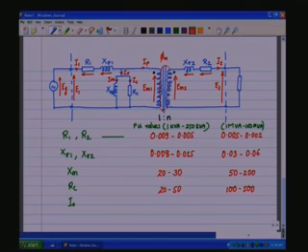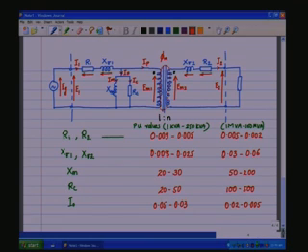The no load current I naught that is drawn from the primary source is varying from 0.05 to 0.03 in the 1 to 250 kVA range and 0.02 to 0.005 in the 1 to 100 MVA range. This is a very useful table which you can use for comparing various rating transformers.